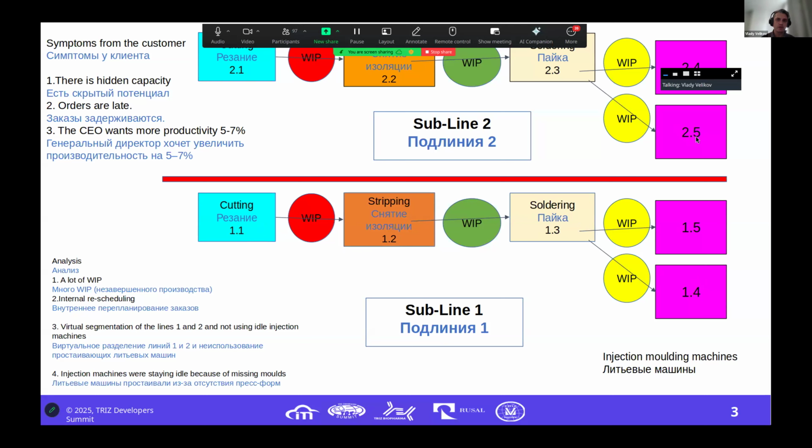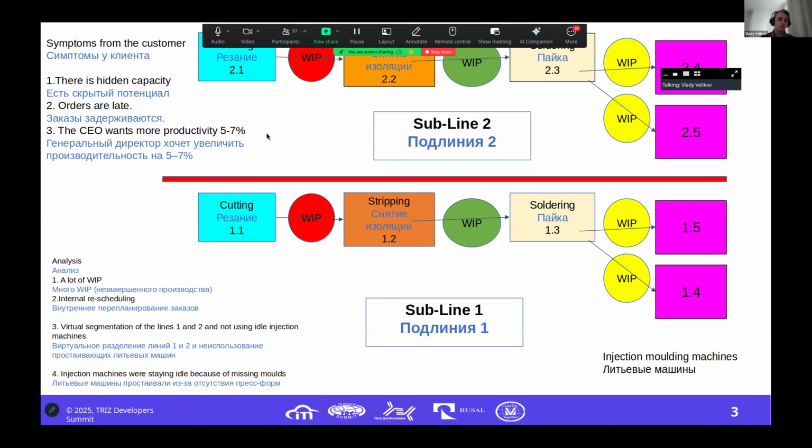Sometimes this fragmentation is good, but in this situation not, because we saw in the analysis that they have injection machines which are not working, in idle state. Why?